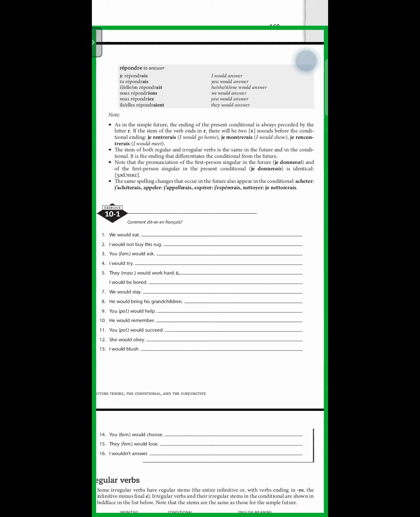The same spelling changes that occur in the future also occur in the conditional, such as acheter, j'achèterai; appeler, j'appellerai; espérer, j'espérerai; nettoyer, je nettoierai.